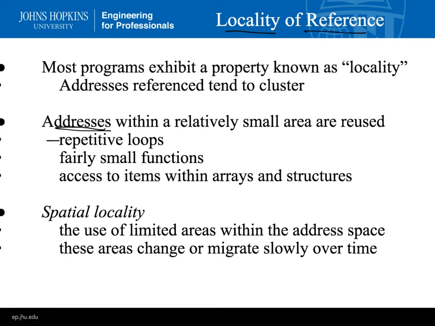In repetitive loops, items in arrays and structures might be put together. So one bit of locality we're going to talk about is spatial locality, and we're going to show how the choice of what goes into a cache takes advantage of that.